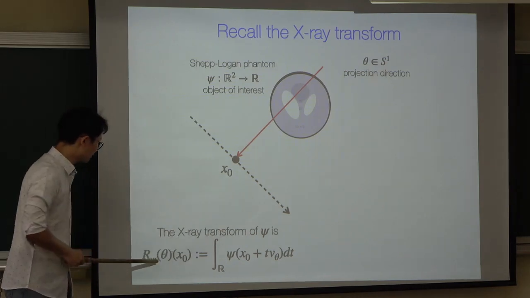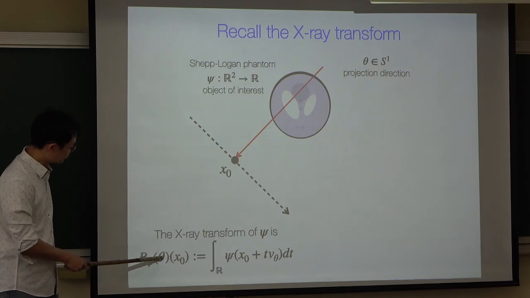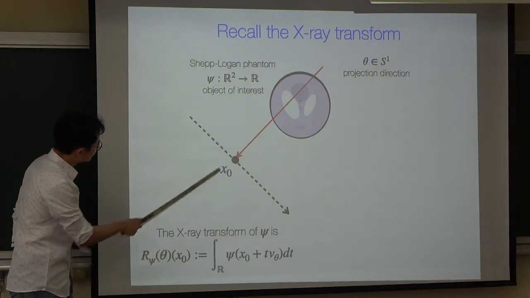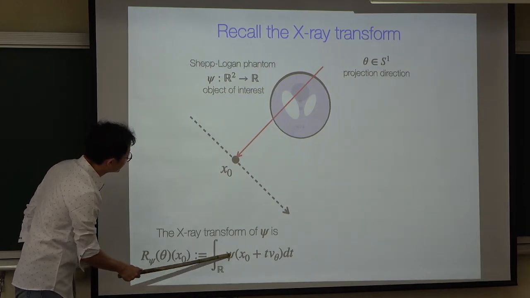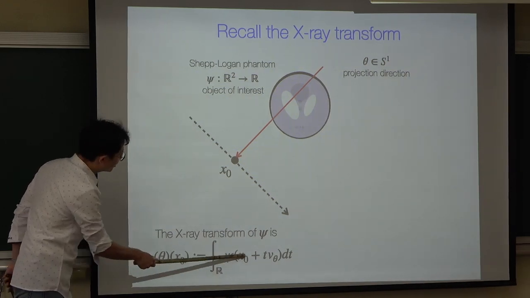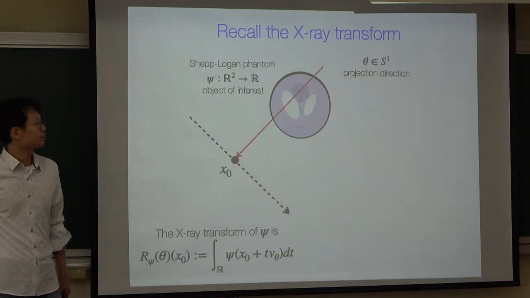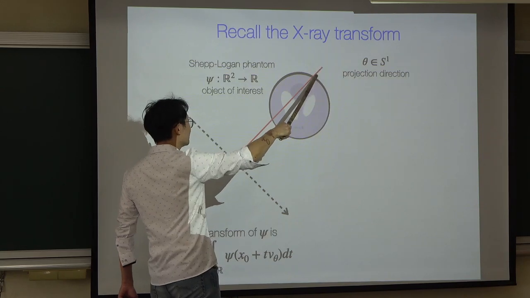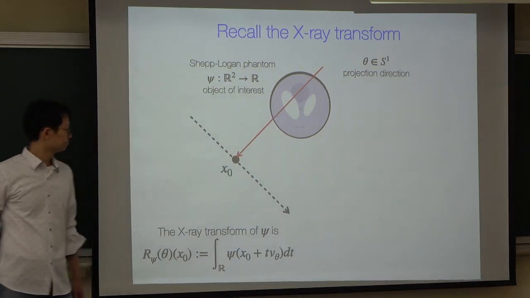X-ray transform is defined in the following way: R psi of theta, x0, where theta is the projection direction and x0 is this point. What we do is integrate the function psi over this curve, so we just integrate everything when the function is restricted to this line.